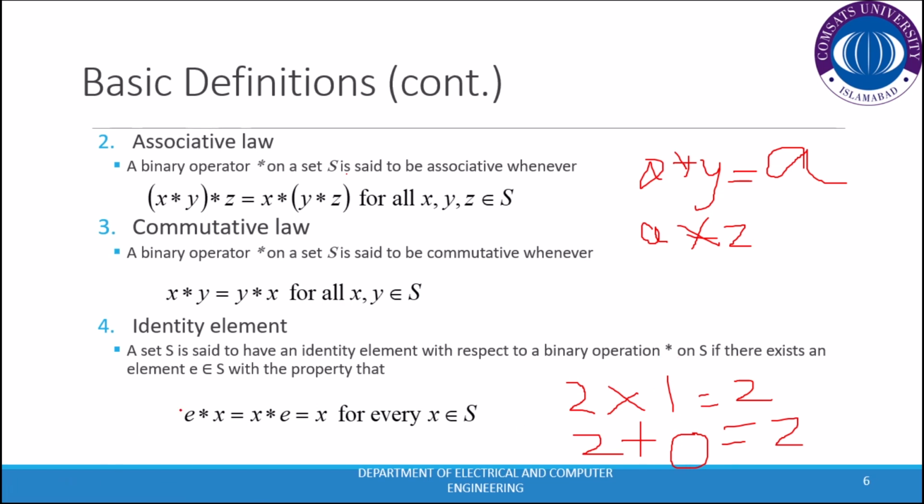So a set S is said to have an identity element with respect to binary operation * on S if there exists an element E belonging to S with the property that when we apply our operator * on any element of S and the identity element, and the order does not make any difference, we will get back that element. But the important part is that this identity element should also belong to the same set.